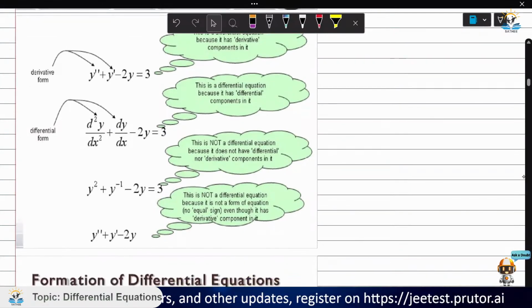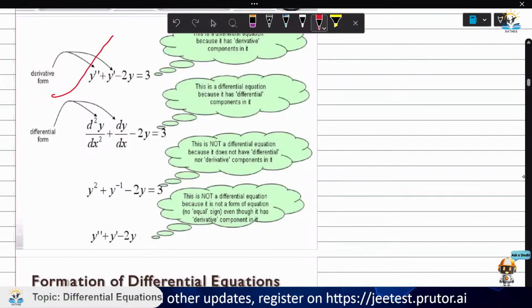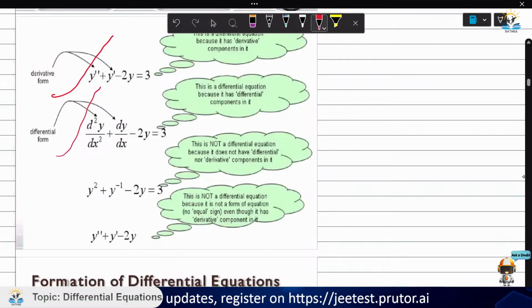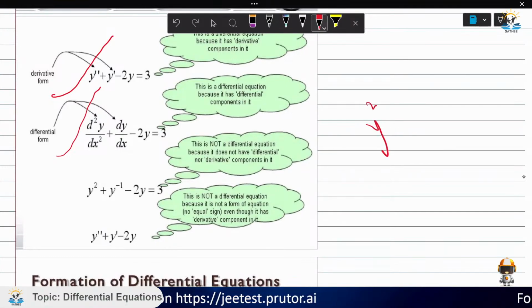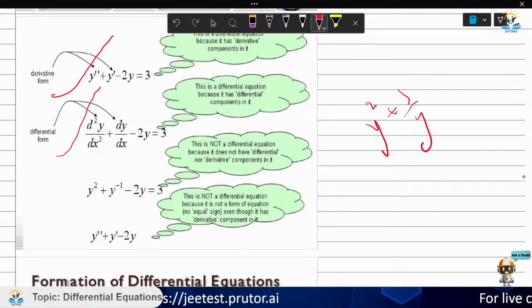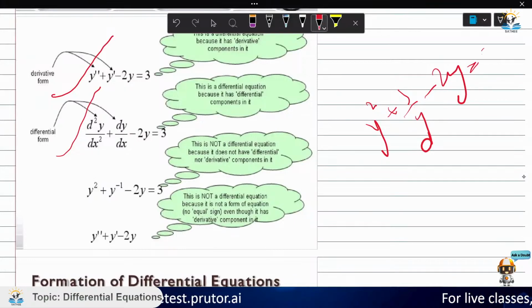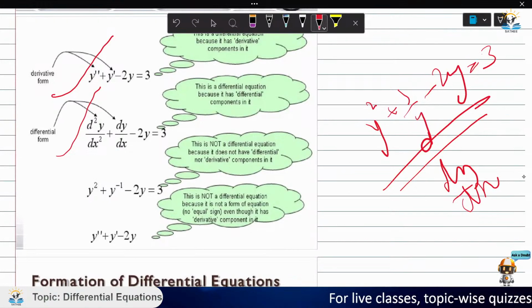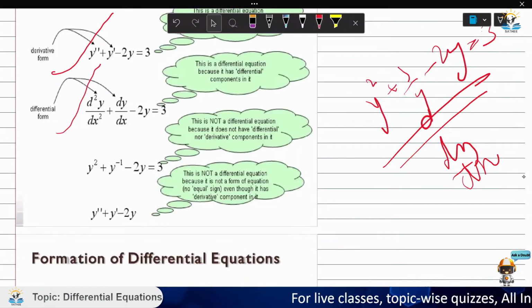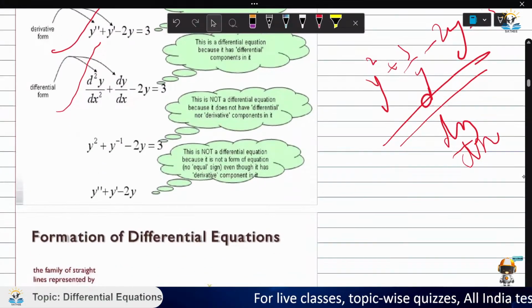We understand why the first two are differential equations, but when you see the third one, there is no derivative in it. It's simply d square plus something, and there is no dy/dx in the equation, so it's not a differential equation. And this is also not a differential equation because there is no equal to sign.